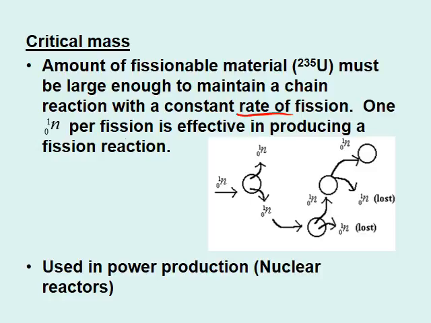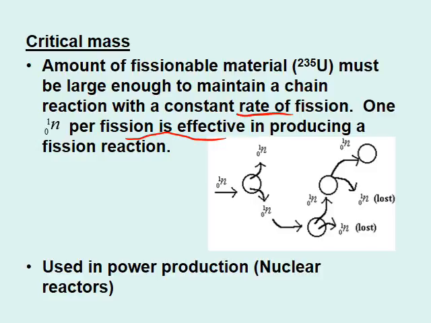Now let me show you how neutron can be effective in causing the second, third, fourth reactions. Let's assume that on an average, out of two neutrons that comes out, one of them would be used in breaking the next nucleus, but the other one would be lost.